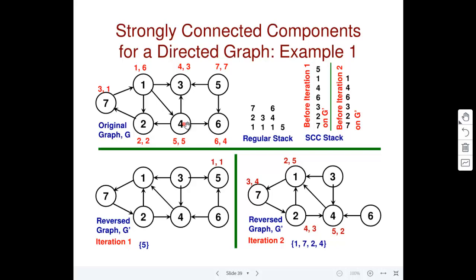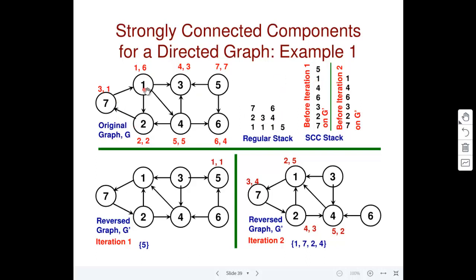Now we cannot go anywhere else from vertex 4. 2 and 3 are already visited, 6 is also already visited, so it's time to pop out vertex 4. When you pop out vertex 4, you push it to the SCC stack. Now the top of the regular stack is vertex 1 again. From vertex 1 you cannot go anywhere else, so it's time to pop out vertex 1. That's the sixth vertex to be popped out. So you push vertex 1 to the SCC stack.